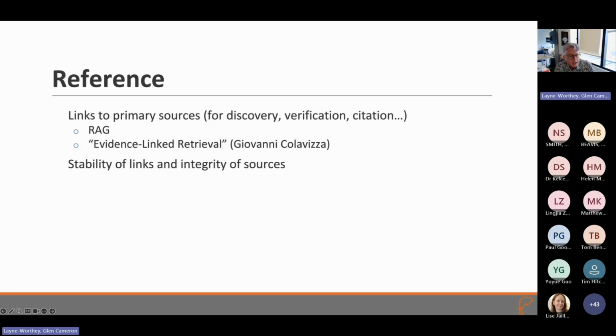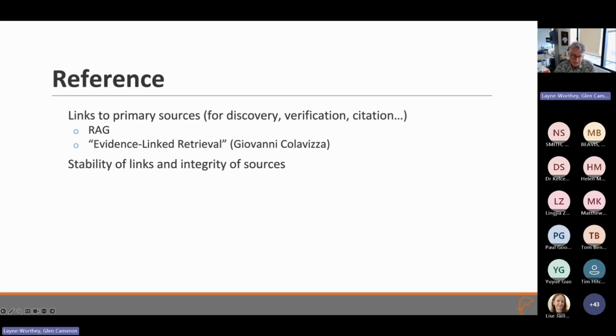Reference as well. We all know as scholars that our sources must be cited. AI is sometimes good at citing sources, RAG and evidence-linked retrieval. There, I got Giovanni's great term. These are really important and good ways to ensure that the AI's references and links to primary sources are reliable.